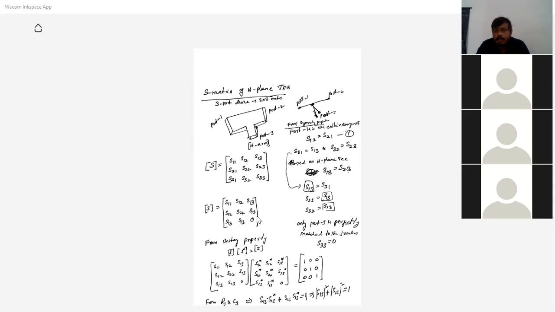So what is S13? S13 is equal to 1 by root 2.